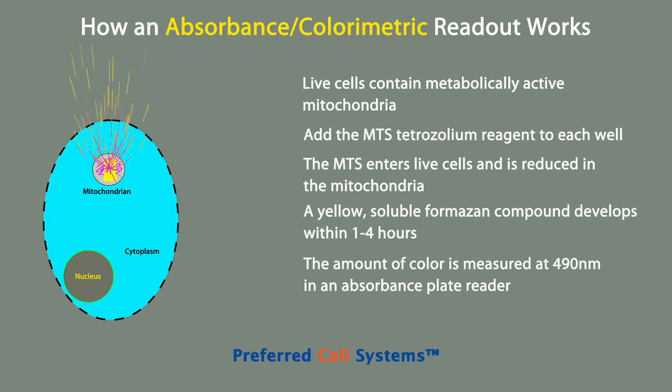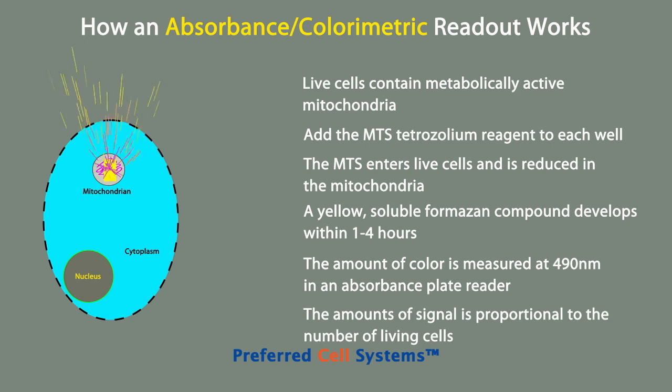The amount of absorbance at 490 nanometers indicates the number of live cells present. You can also use wavelengths between 450 and 540 nanometers and a reference wavelength of 630 nanometers to 700 nanometers so as the background is subtracted.